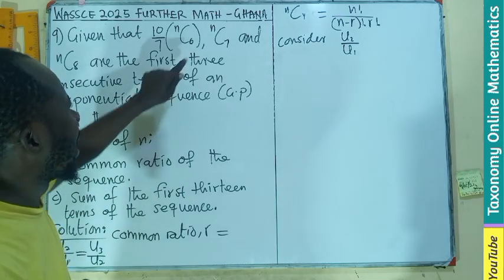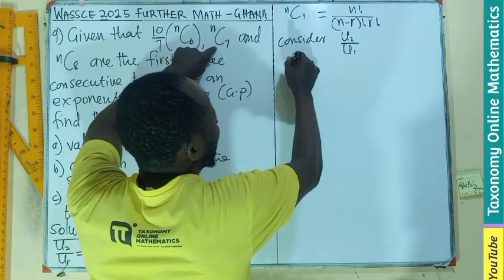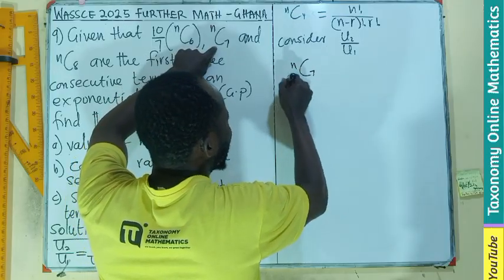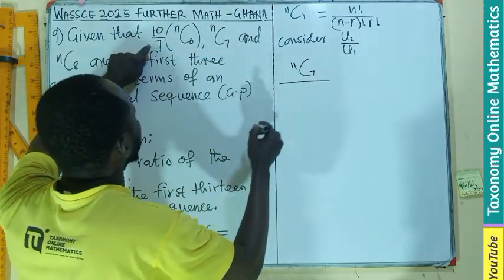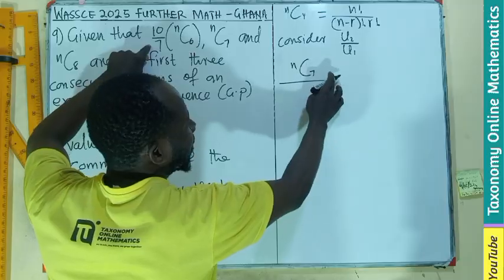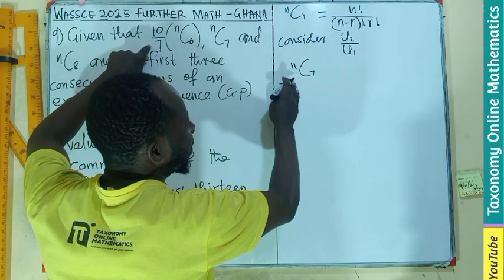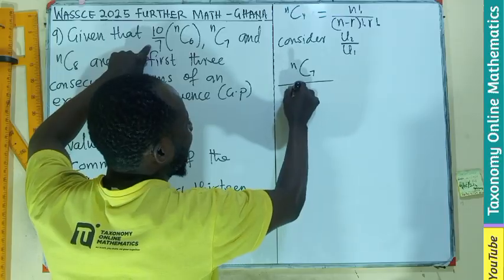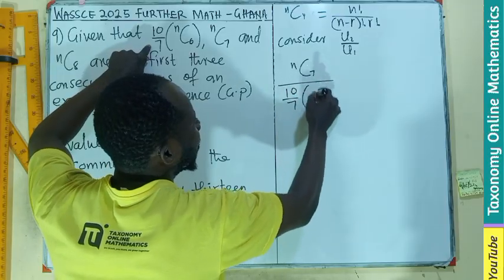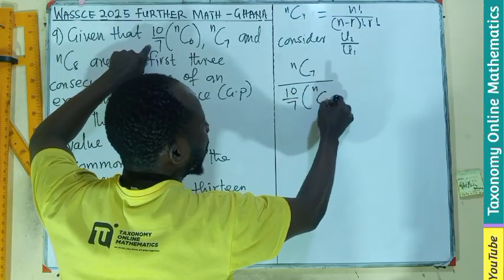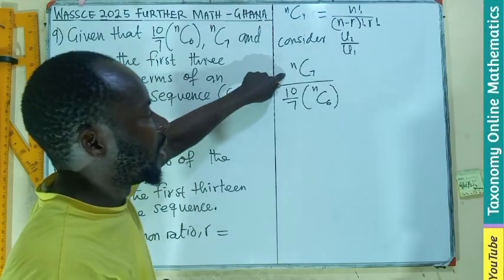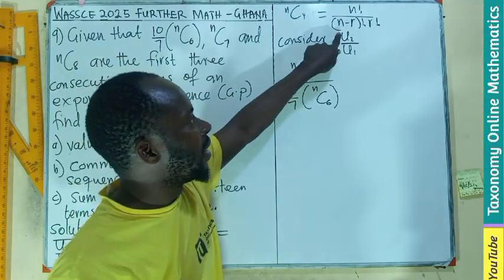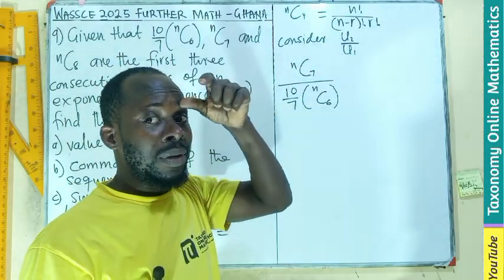Let's go. The second term will be nC7 divided by, in this case, let me just use division directly, divided by 10/7 nC6. This represents the second term divided by the first term.